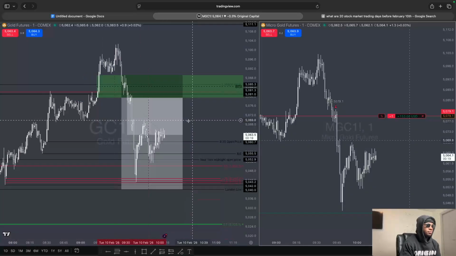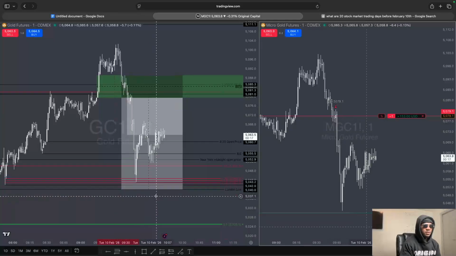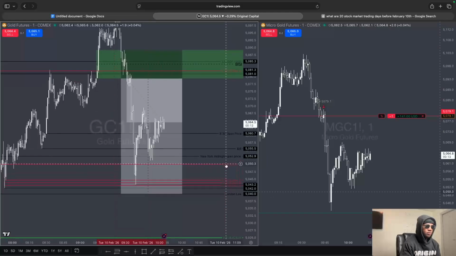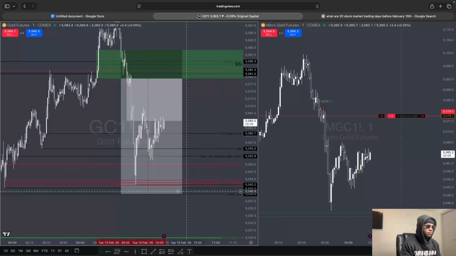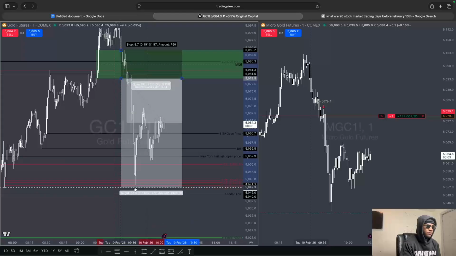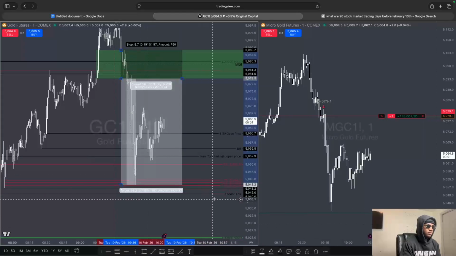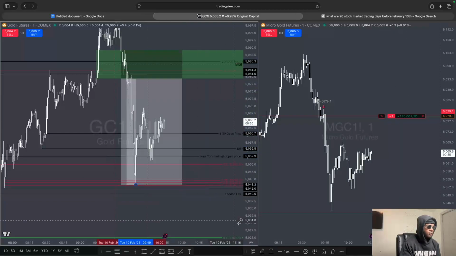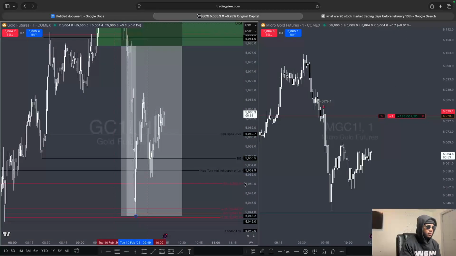We got so close to hitting my TP at 50. I'm moving my stop loss to right here because we definitely create this 15-minute low by then. Damn, gang. 43.2.